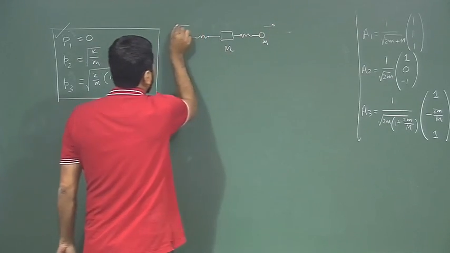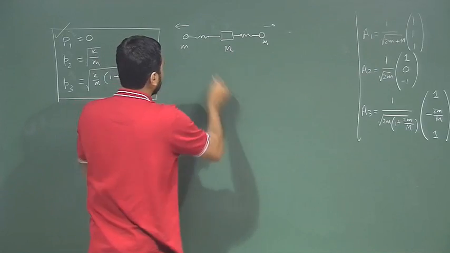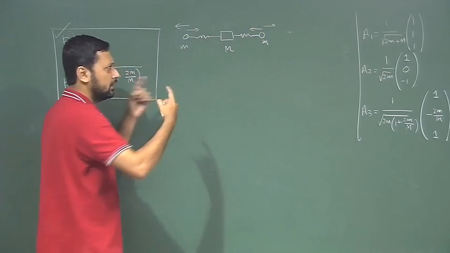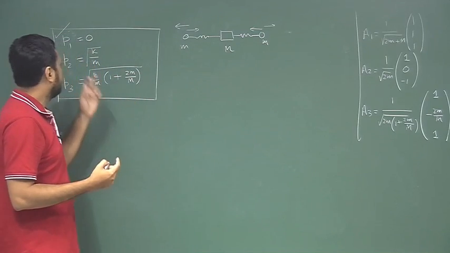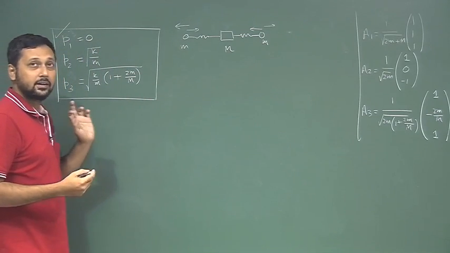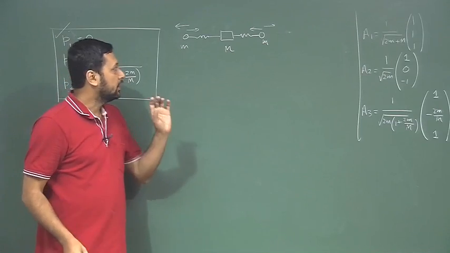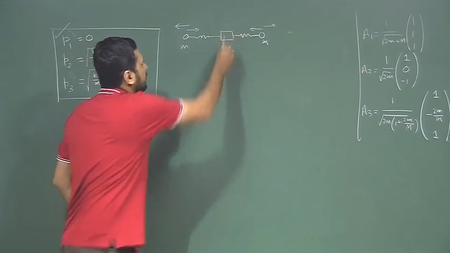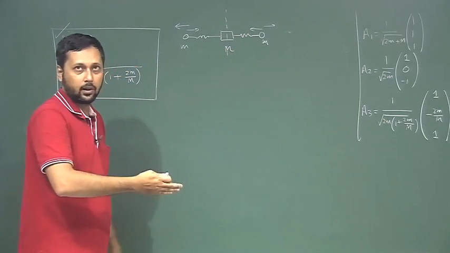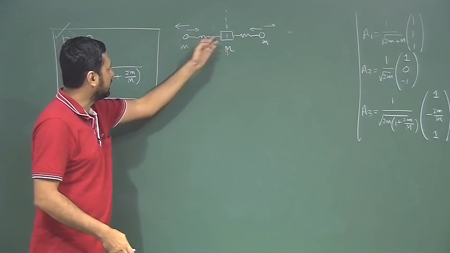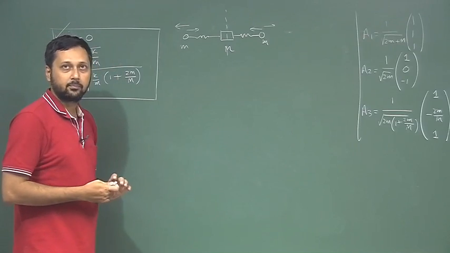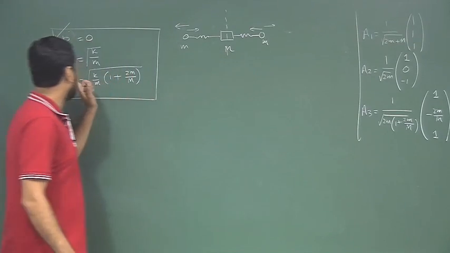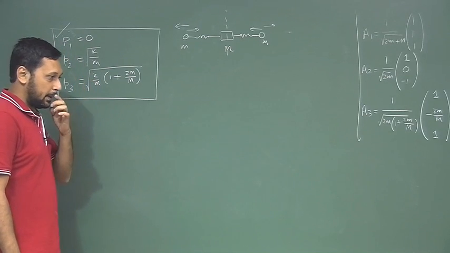So, this one moves out or moves in, whatever they do, in a synchronized manner with a frequency root k by m, and that is also very easily understood, because if I replace this with a solid wall, the frequency of this spring mass system will be root k by m.